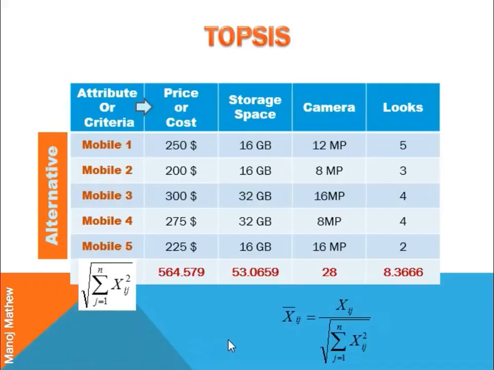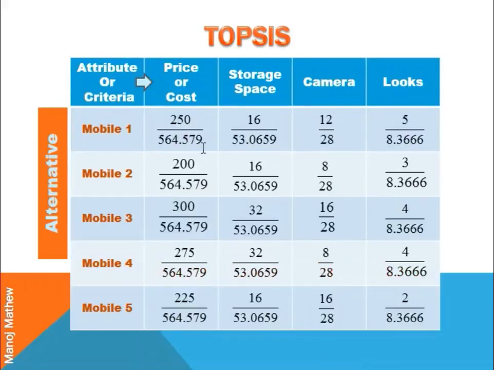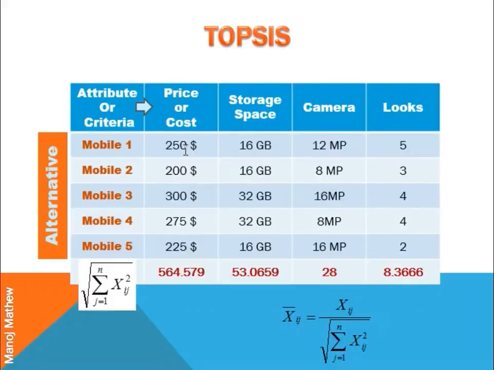The performance value in each cell is divided by the rooted summation of square value. Now these are the performance values of each cell. So here we can see that 250 is divided by 564.579. That is, the performance value of each cell is divided by the rooted summation of square value, which gives us the normalized matrix.